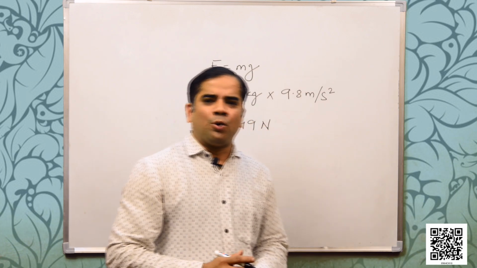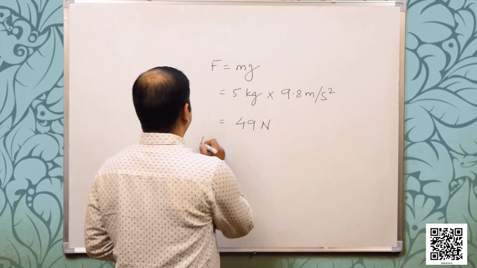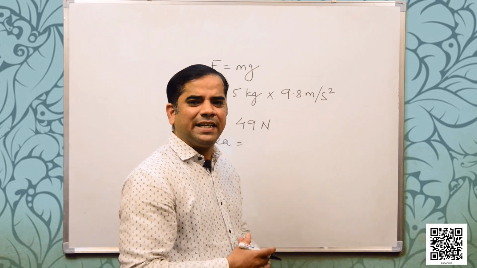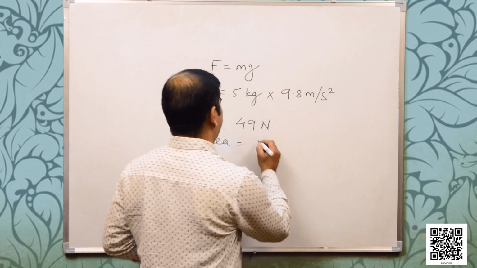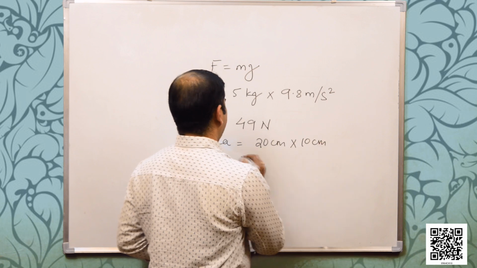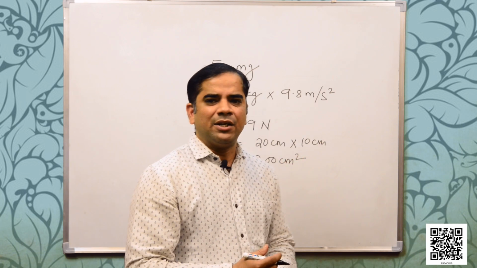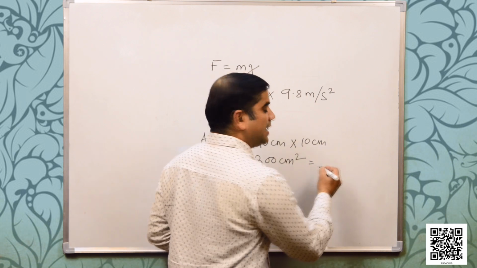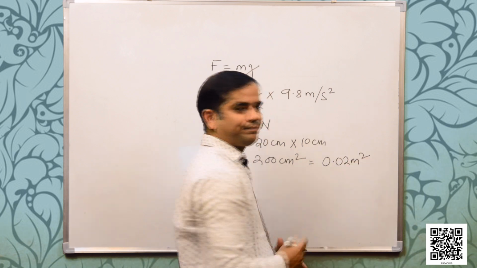Okay. So, area of a side is length into breadth. In the first case it is 20 centimeter and 10 centimeter. So, area is equal to 20 centimeter into 10 centimeter, that is 200 centimeter square. When we convert it into its SI unit, it will give us 0.02 meter square.